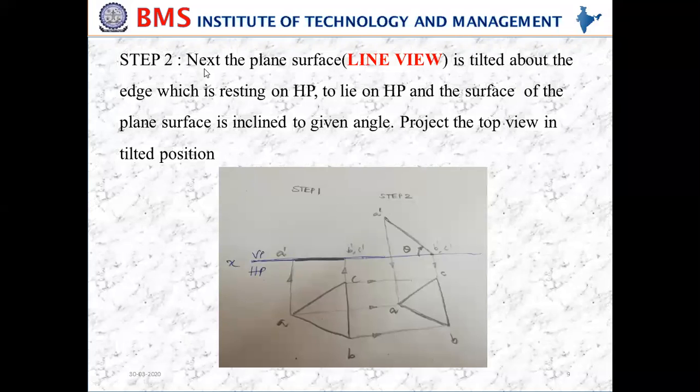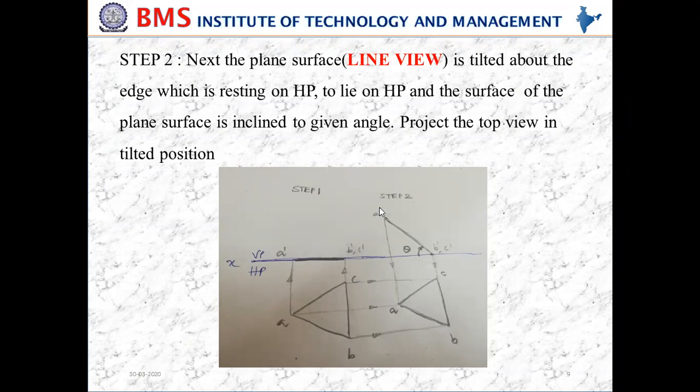Next, the plane surface is tilted about the edge which is resting on HP, to lie on HP, because it is still resting on HP. So that is why B dash and C dash should lie on the XY line only. That's why I kept them there itself. Okay. Now the plane surface is inclined to the given angle. Project the top view in the tilted position.